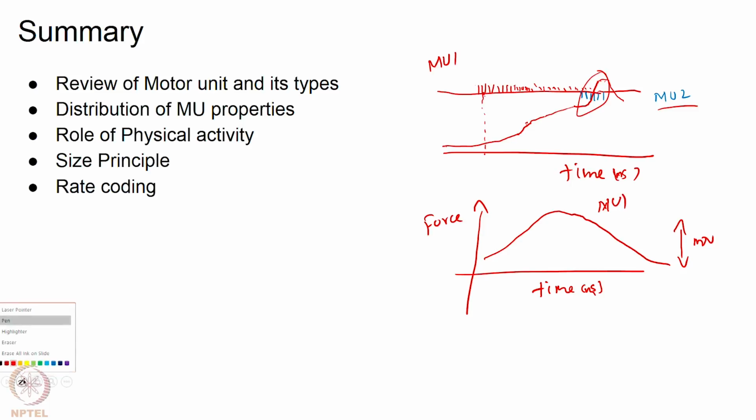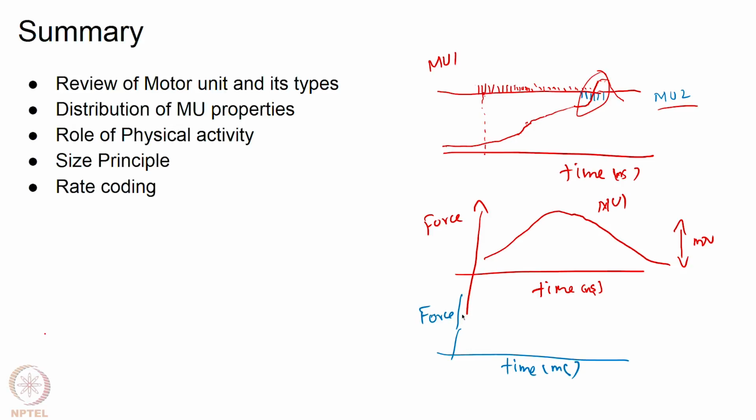For motor unit 2, suppose I were drawing the same force versus time curve, I am going to have something like that, with the scale being different. This will be in the order of several tens of millinewtons.